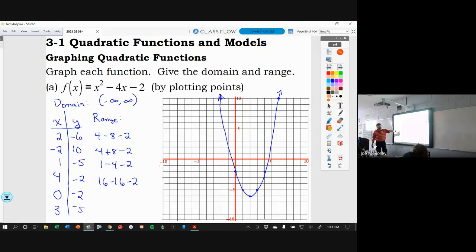We got that point right there. So negative 6 is included. And how high does it go? Infinity. Infinity and beyond. There you go. I've graphed it by plotting points. I've stated the domain. I've stated the range. Good? Any questions on that?